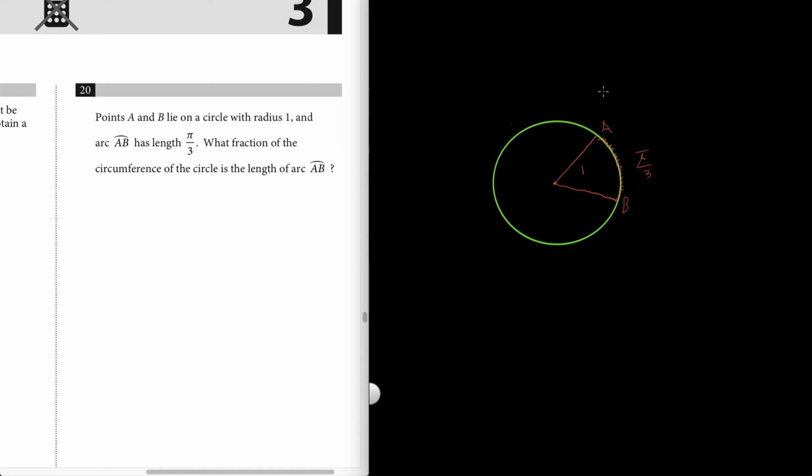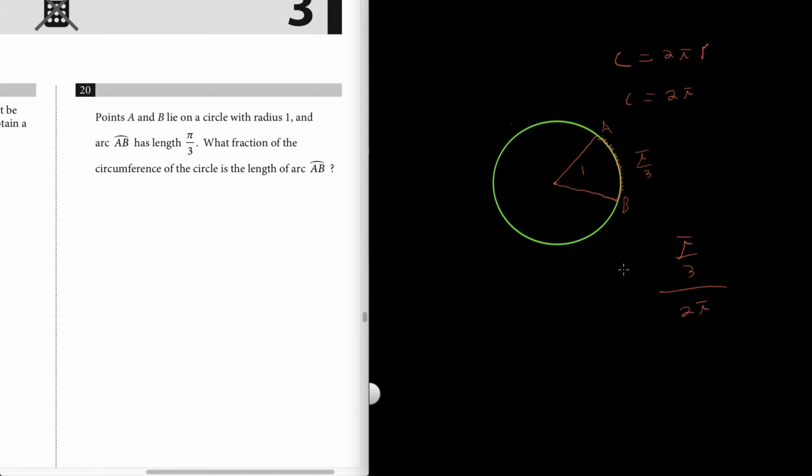Okay, so this is actually not too bad. They're looking for the fraction of the circumference of the circle, which is the length of arc AB, right? So first let's find the circumference of the circle. The circumference is 2 pi r, right? And the radius is 1, nicely just 1 here. So it's just 2 pi. And the fraction that this arc takes, well, that's just pi over 3 over the whole thing, right?